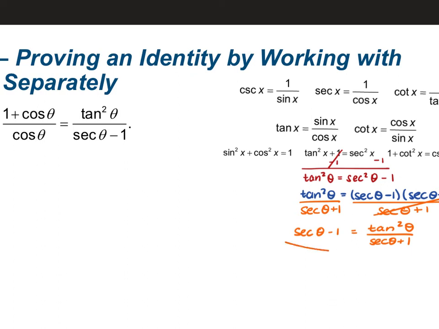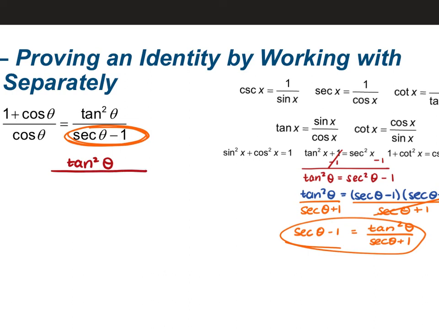This is the same thing as what you have in the denominator here. So change it out. Rewrite it. This is going to give us tangent squared theta all over your fraction of tangent squared theta over secant theta plus 1. Fractions mean division. So this long line just means divide the two. When you divide fractions, remember you keep, change, flip.